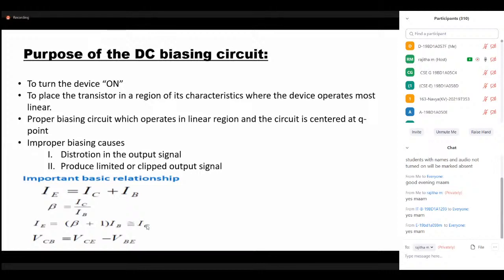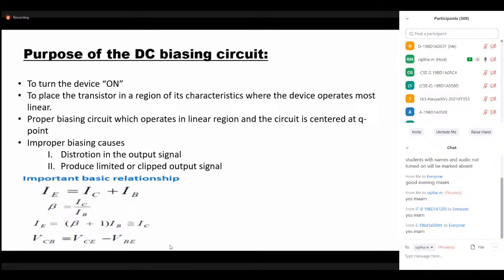Next, if we are providing an improper biasing, for example, improper applied voltages or extra additional circuitry required for biasing, it can cause distortion in the output signal. In order to avoid distortion at the output, if you apply a sinusoidal signal, my output of the amplifier must be sinusoidal in nature, in the same shape.